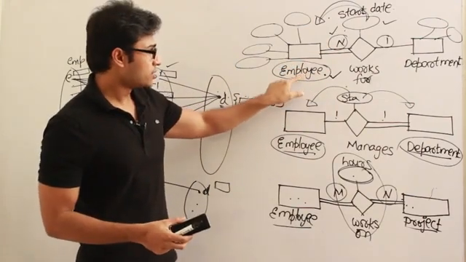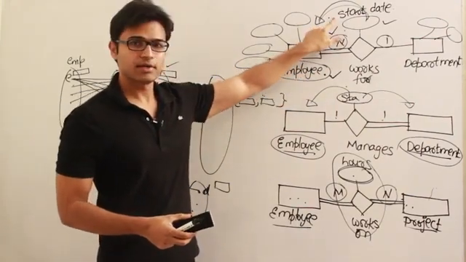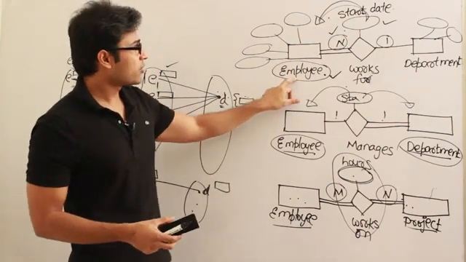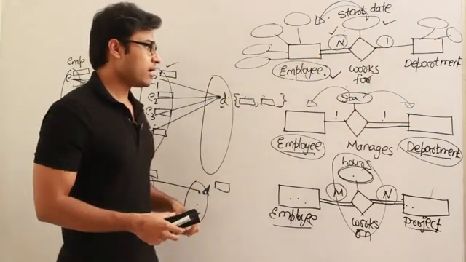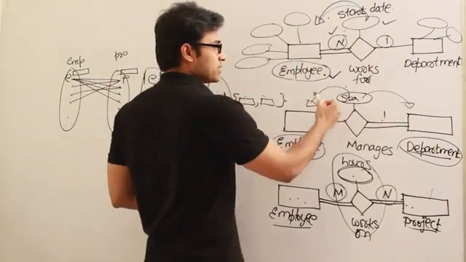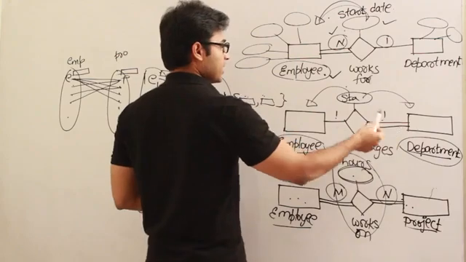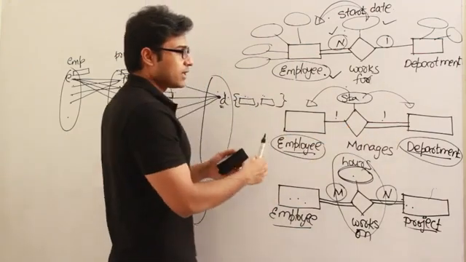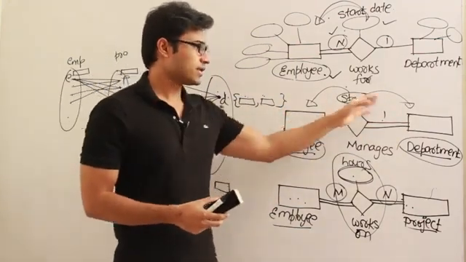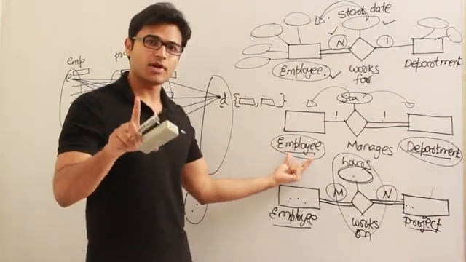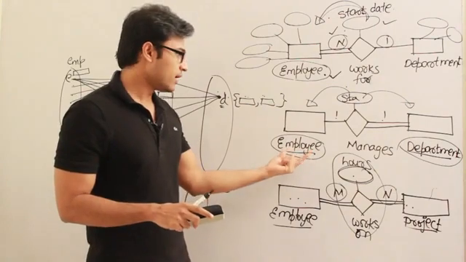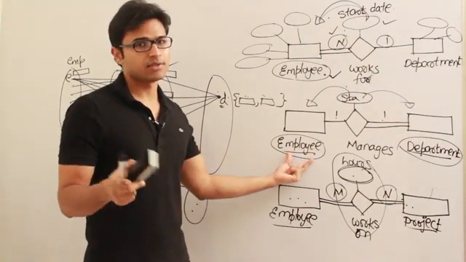Therefore, saying that this particular employee has started at this date is also saying that this employee has started at this date for that department, right? And here also, if you have a manager and then this employee and department, having the information either this side or that side is meaningful, because every employee is managing only one department. Therefore, saying that he started so and so time is enough, right?